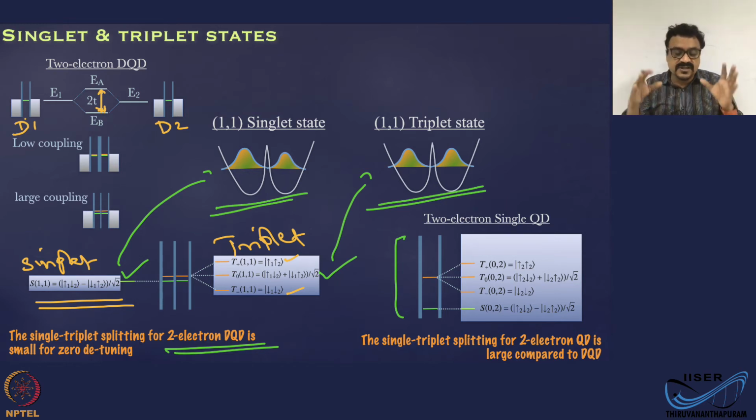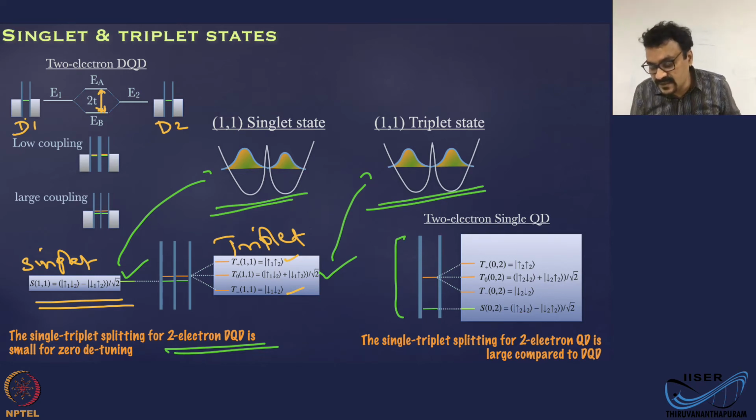So the situation that I am comparing is the energy levels of a few electron double quantum dot when you have 2 electrons in the system, 1 and 1 on each dot. That is what we discussed so far. This is the case of 1-1 singlet and 1-1 triplet. That is, you have 1 electron in each dot.